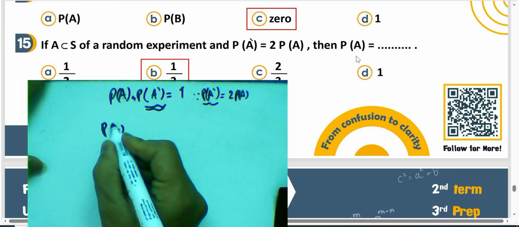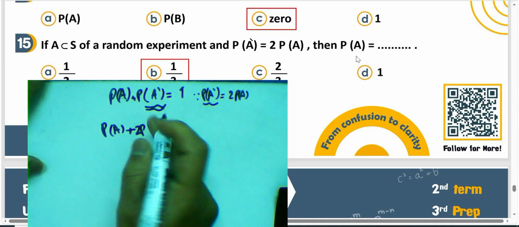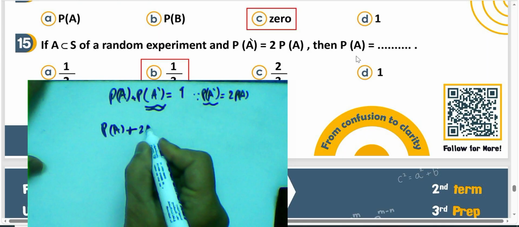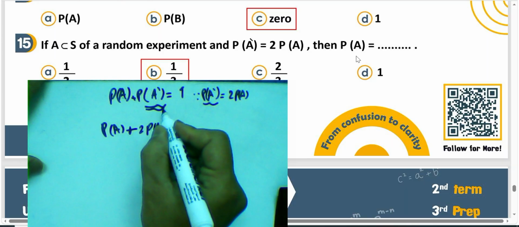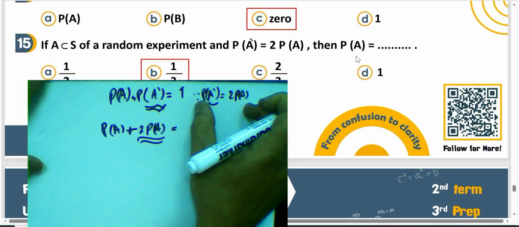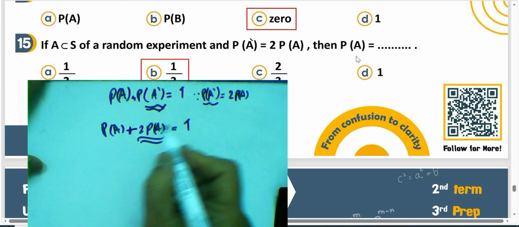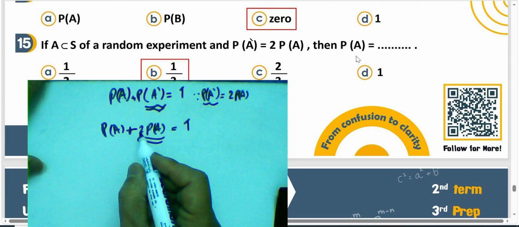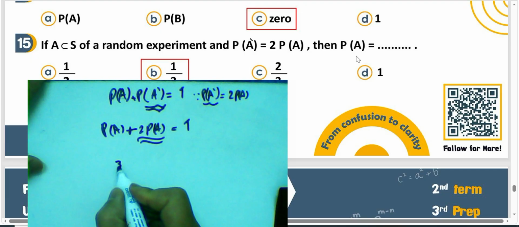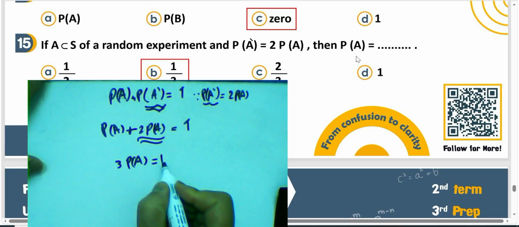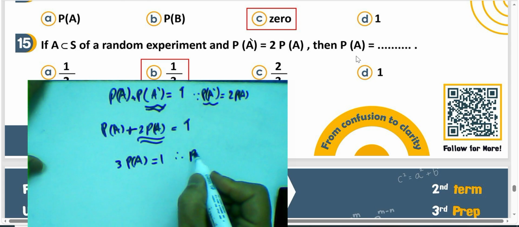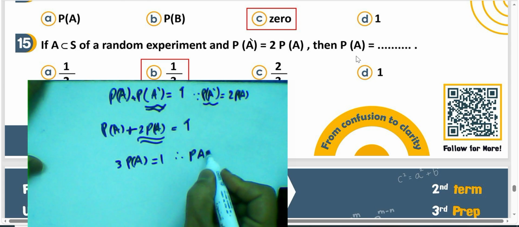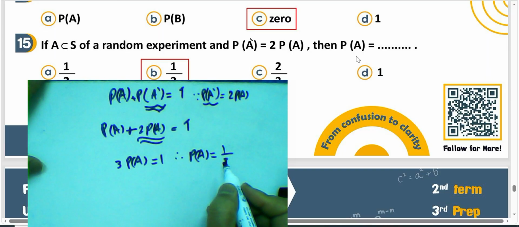Probability of A plus twice the probability of A equals 1. Then we add together 1 plus 2 is 3, right? 3 times the probability of A equals 1. Then the probability of A will be 1 over 3. The result here is 1 over 3.